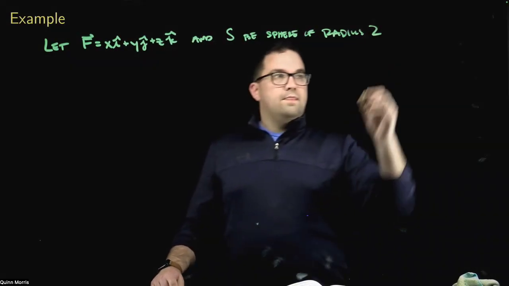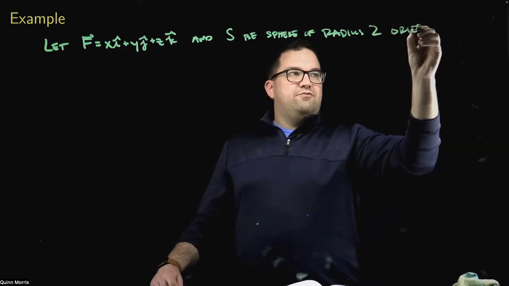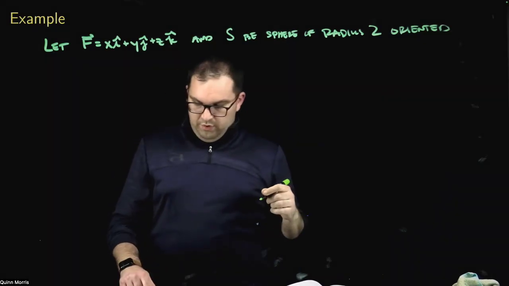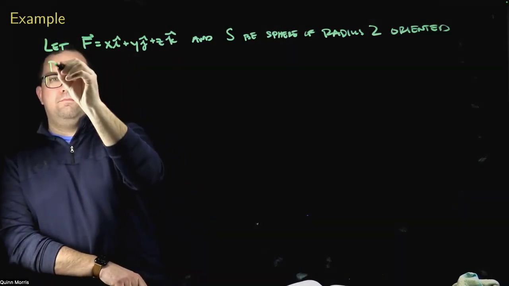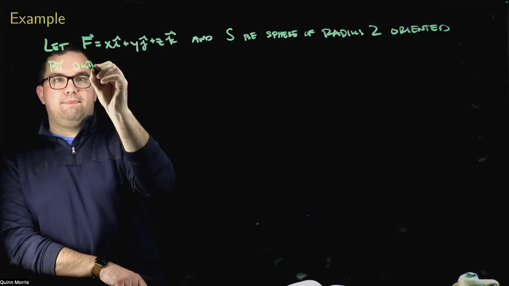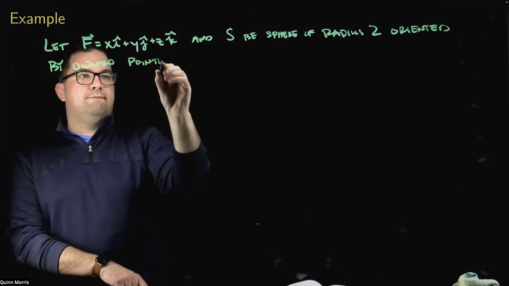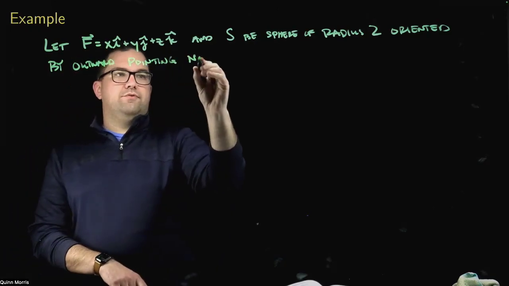Okay. And now I need to give you an orientation, right? S is oriented by outward pointing normal vectors.